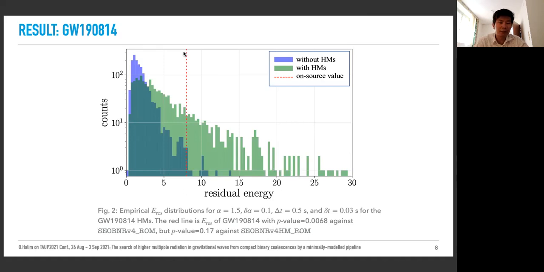And the vertical red line is basically the on-source value. In fact, the on-source value is somewhat of an outlier compared to the without higher mode distribution, with a p-value of the order of 0.0068. Meanwhile, this on-source value is somewhat consistent with higher mode, with a p-value of 0.17.